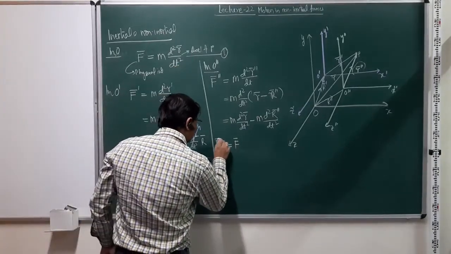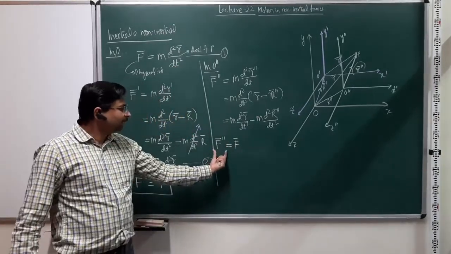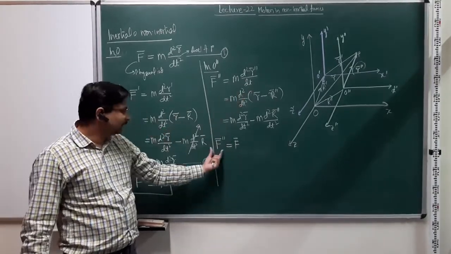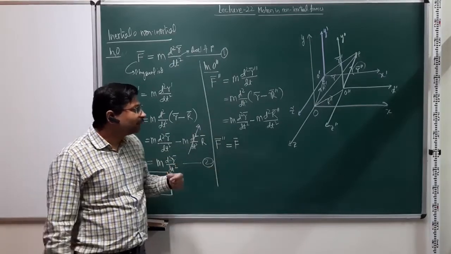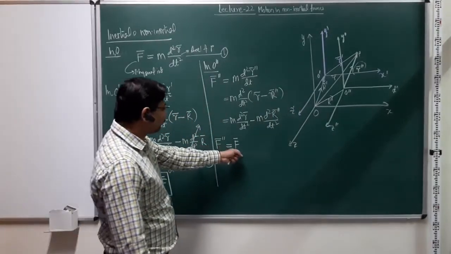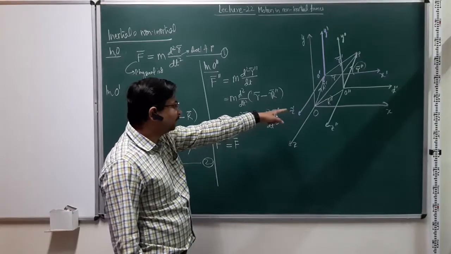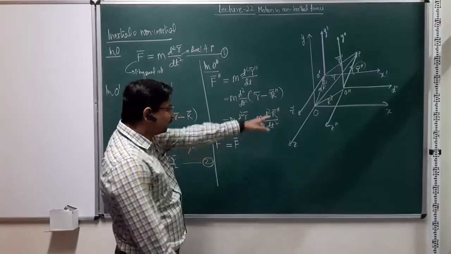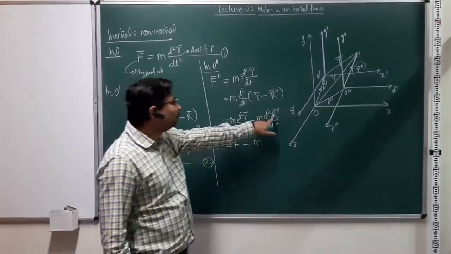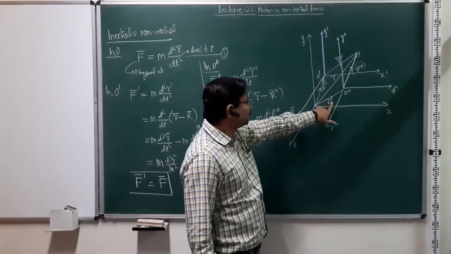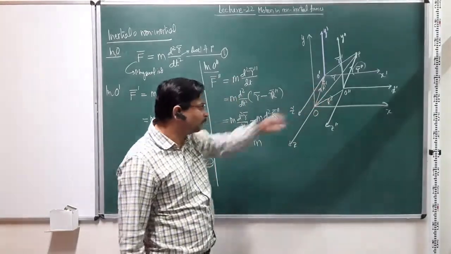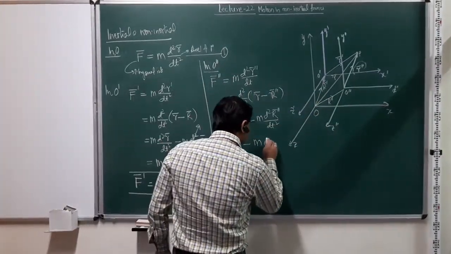So F double prime, the interaction or the force, or basically the change in state of system P, point P, as seen from this accelerated frame O double prime, is equal to the force or the change in state as would have been seen in an inertial frame minus m d²R double prime/dt², right. So the acceleration of O double prime with respect to O, which is now not 0 because O double prime is a non-inertial frame. So A.